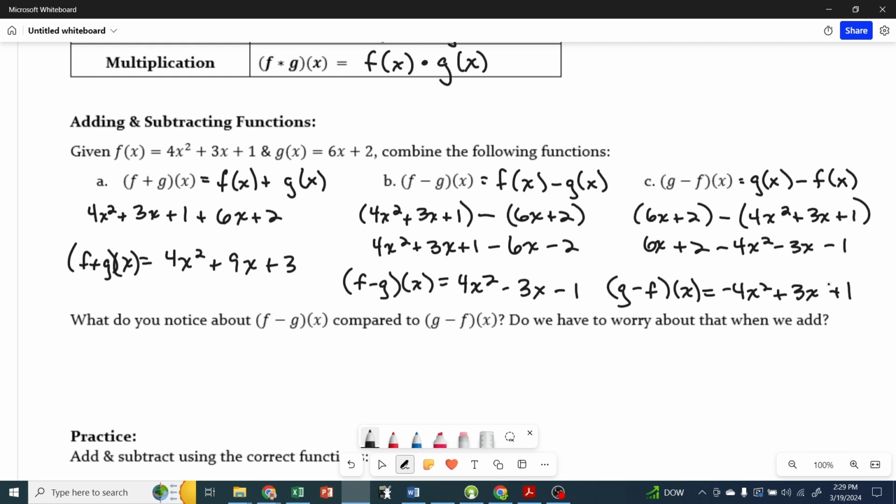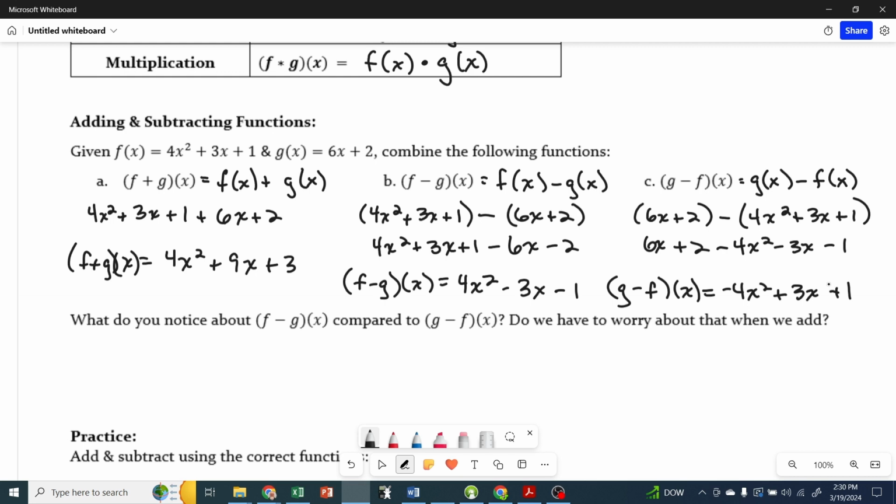All right, so what do we notice about f minus g of x compared to g minus f of x? And do we have to worry about that when we add? Well, when we add, it doesn't matter. The order we add things doesn't matter. 3 plus 2 equals 2 plus 3, it's still 5. But when we subtract things, right, 3 minus 2 is 1, but 2 minus 3 is negative 1.